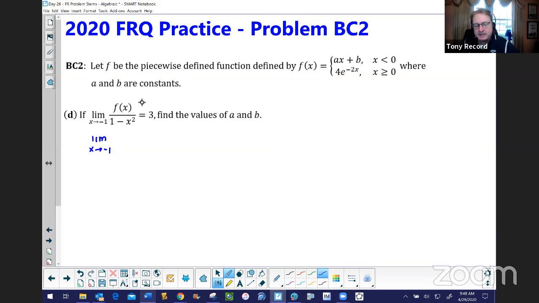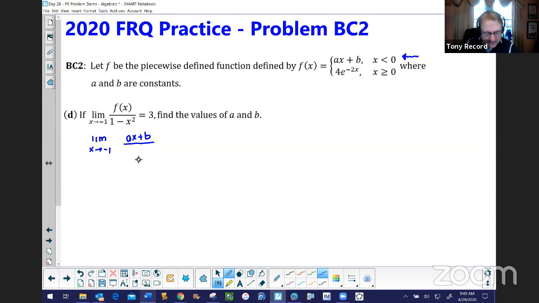So we can go to this piecewise function, and knowing that our focus here for our x value is around the neighborhood of -1, whether we approach -1 from the left or the right, that's going to lead us to use the top piece of that piecewise defined function. So that f of x is just going to take on the ax plus b value.